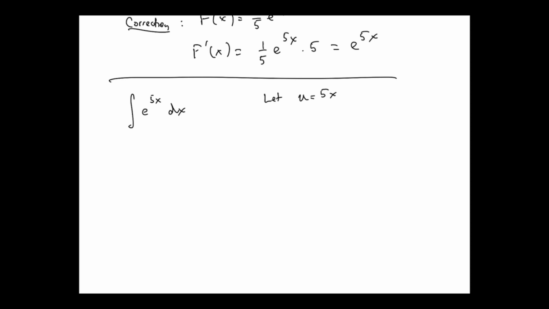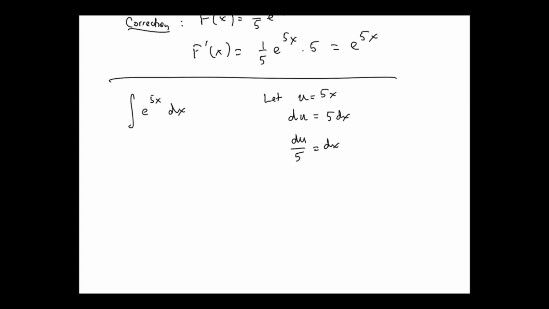Well, what's the relationship between 5x and this quantity u? I mean, they are the same thing, just because I said so. But if u is 5x, what's the differential du? Yes, 5 dx. And so if I solve that algebraically for dx, then du over 5 is dx, and that's where the fifth really is coming from.